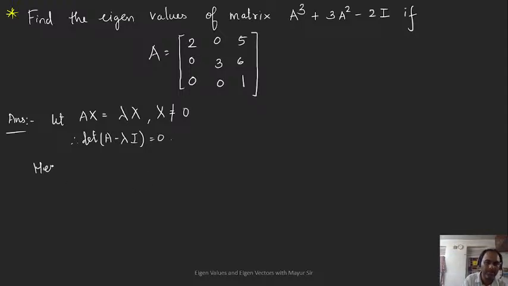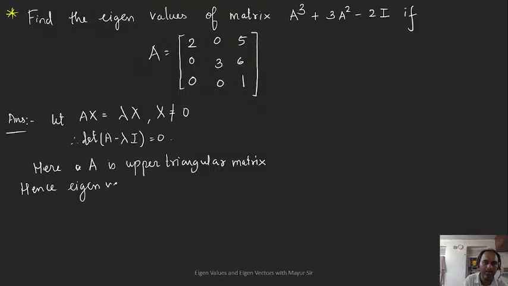Here we mention that capital A is an upper triangular matrix, hence eigenvalues are its diagonal entries.